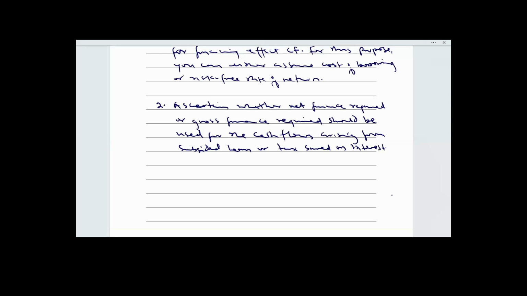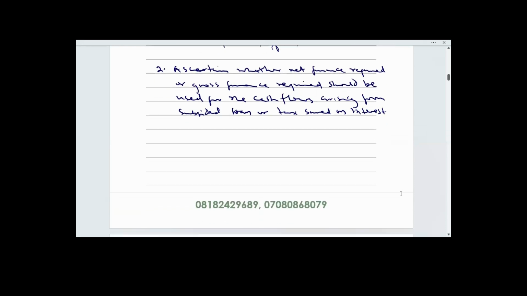Once you have these two sorted out from the beginning, then every other one is straightforward, no issue. You then begin the calculation of your PV of financing effects.